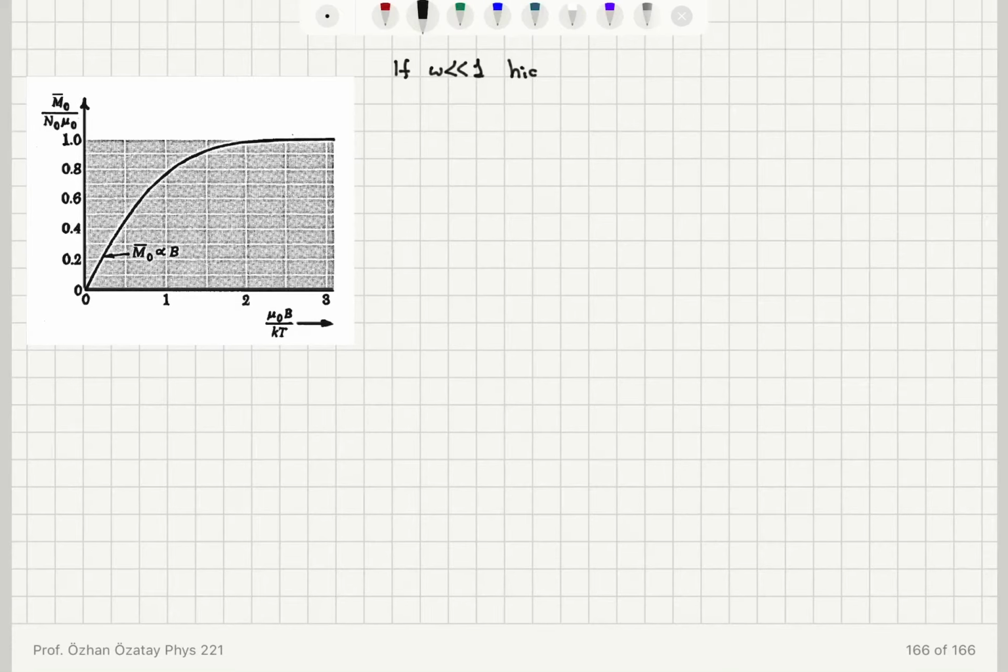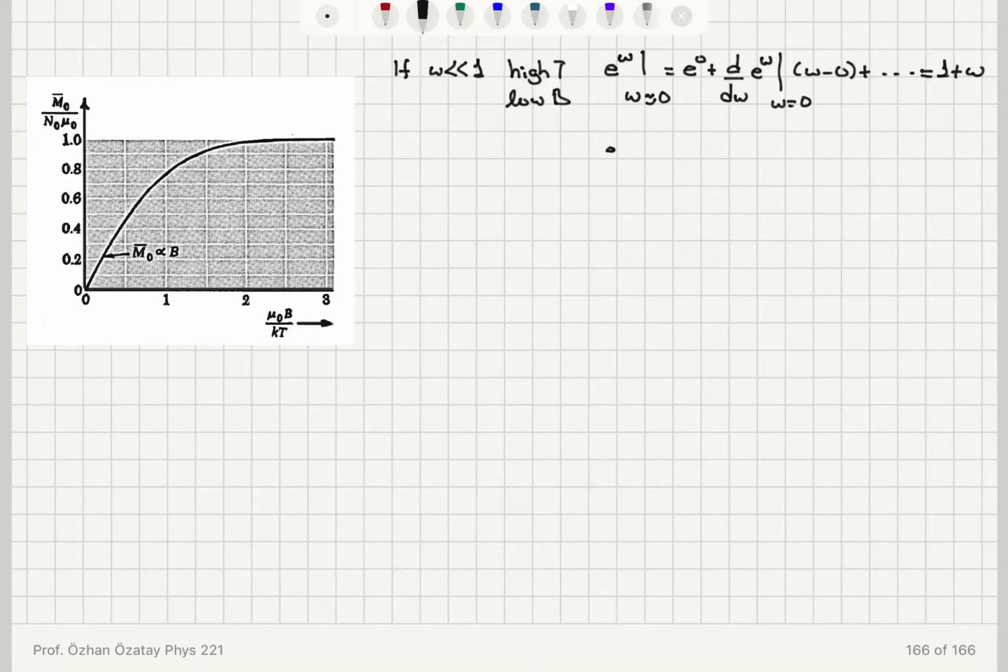So high temperature, low magnetic field. Omega is going to be very small. For the exponential function e to the omega around omega equals 0, the Taylor series expansion is e to the 0 plus the derivative of e to the omega evaluated at omega equals 0 multiplied by omega minus 0, and higher order terms. So this will be 1 plus omega.